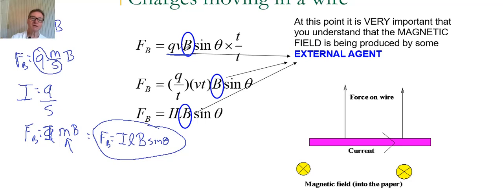It's just rearranged for many charges running through a wire, so it's ILB times the sine of theta. So the force on a current carrying wire in a magnetic field is I, the current, times L, the length of the wire that's actually in the magnetic field. It can't be the entire length of a wire if only a portion of it's in the magnetic field. It's just that portion that's in the magnetic field, times B, the strength of the magnetic field.